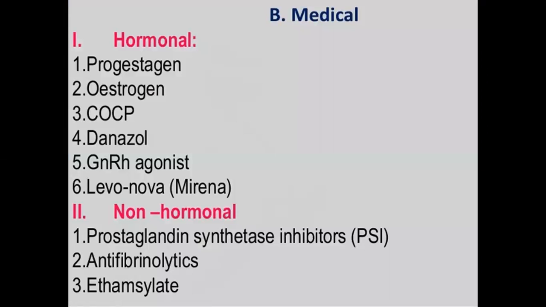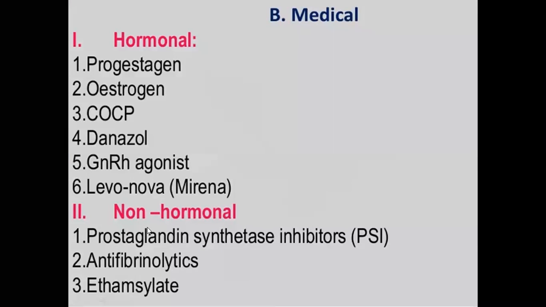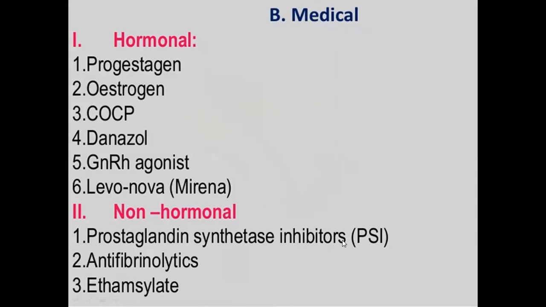You can see in the non-hormonal therapy, prostaglandin synthetase inhibitors, that is non-steroidal anti-inflammatory drugs. Then antifibrinolytics, an example is tranexamic acid. Then we use ethamsylate, a capillary fragility stabilizer. These are the non-hormonal drugs, and we also use diosmin. In hormonal therapy we use progesterone.